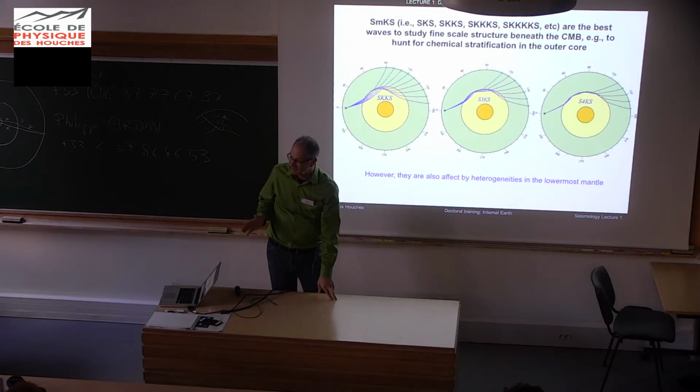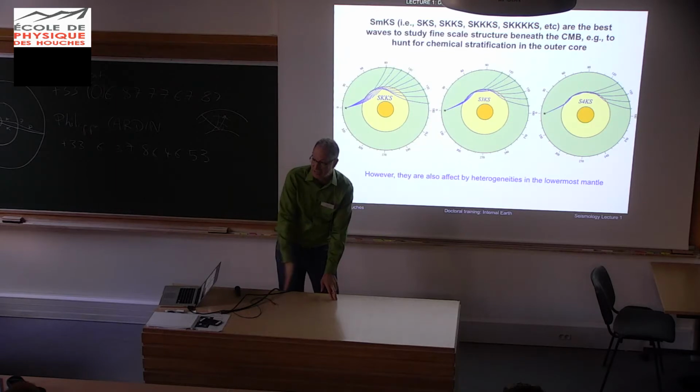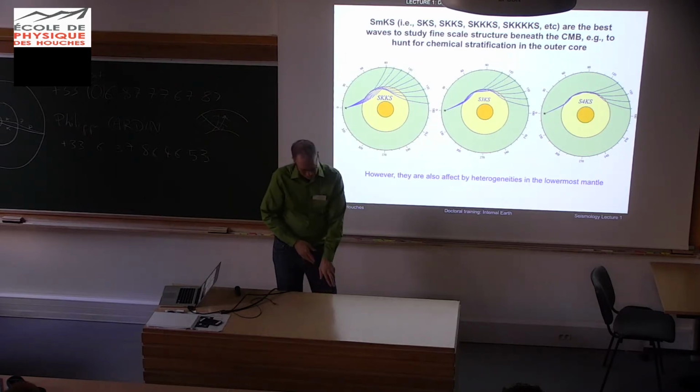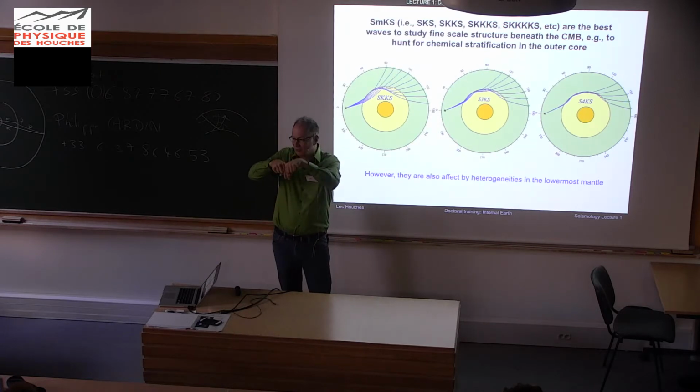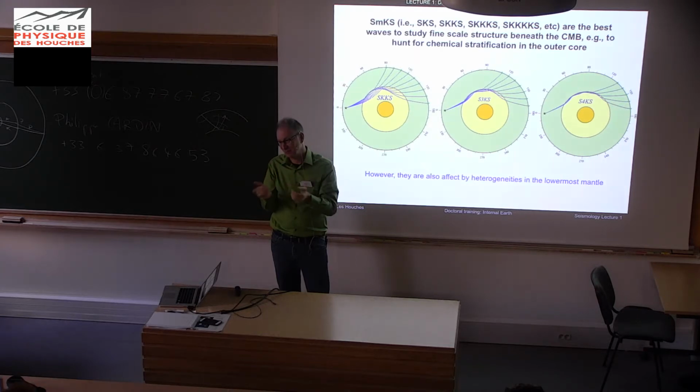But what happens is if there's a smooth lateral gradient, to get to my station, these guys have to have gone a different place to get there. They stay together. They're not differentially affected in time by the structure here, but their paths can be perturbed.